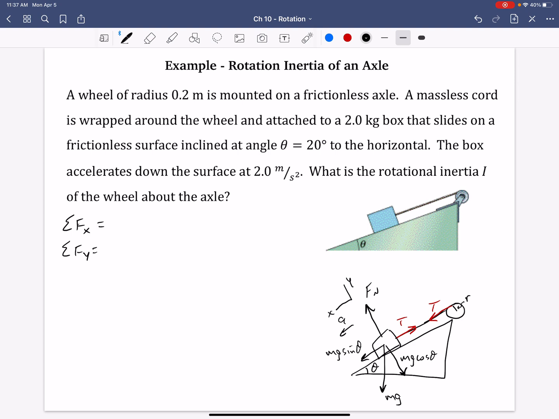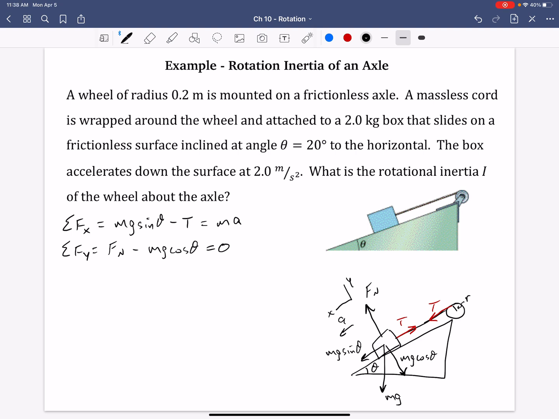That'll help us. So that means mg sine is positive. And the tension is actually negative. But we have a positive ma. That's good. In the y direction, normal force, positive minus mg cosine equals 0.